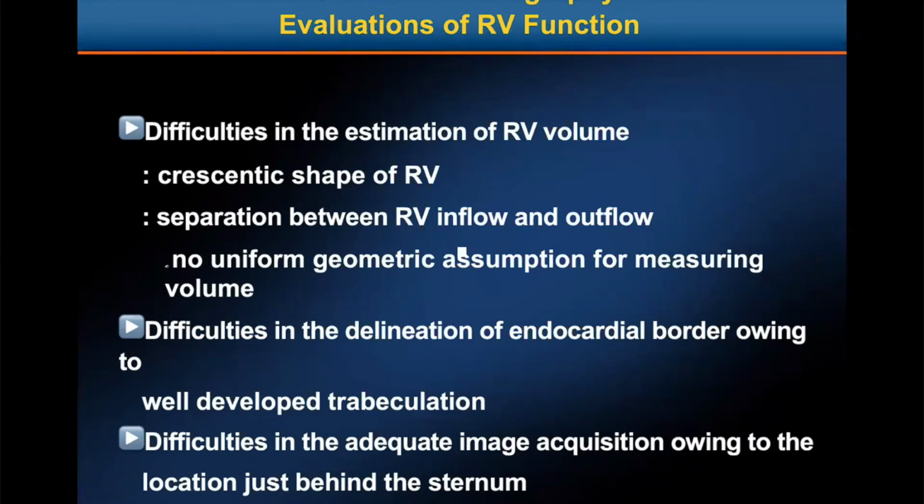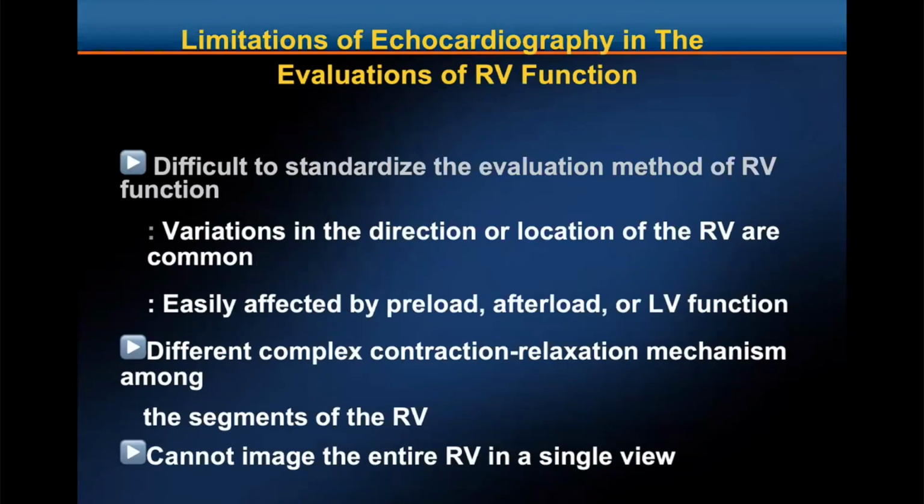There is an additional separation between the right ventricle inflow and outflow tract. There is no uniform geometric assumption for the measurement of volume. There are also difficulties with delineation of the endocardial border owing to the well-developed trabeculation of the ventricle, and difficulties with adequate image acquisition in these patients.